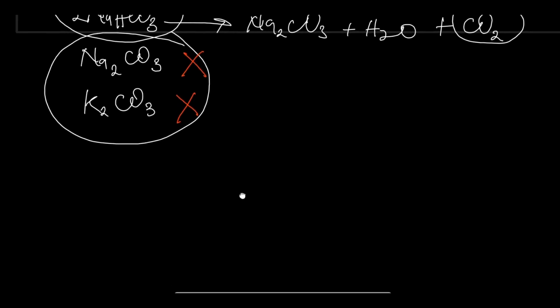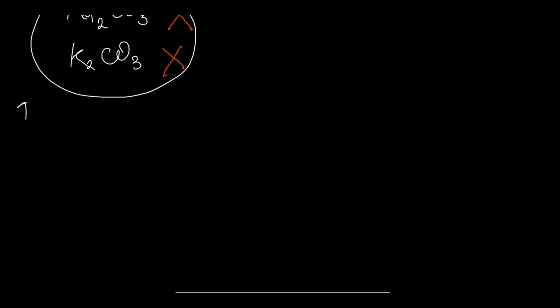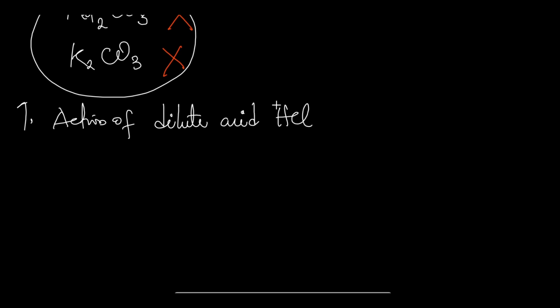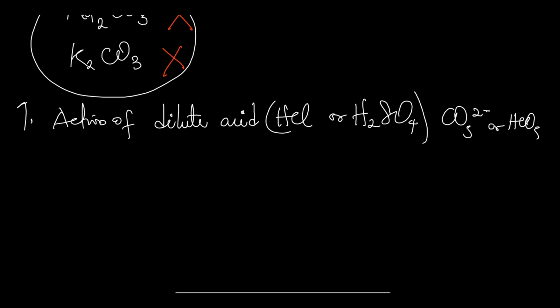And the other way you can get carbon dioxide gas is the action of dilute acid such as HCl or sulfuric acid on carbonate or hydrogen carbonate. Alright, and this is one chemical property of an acid.